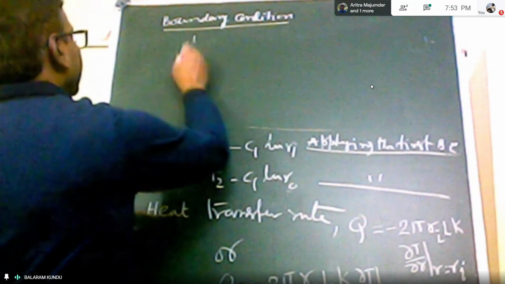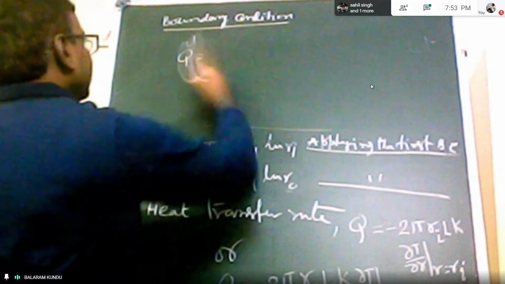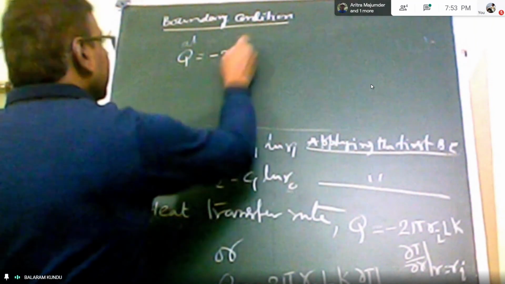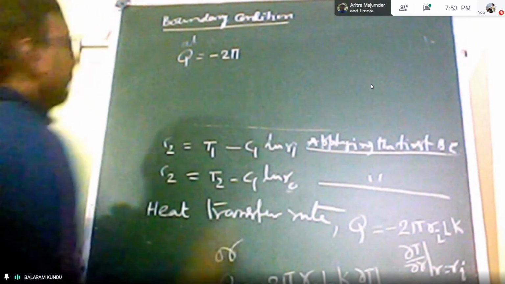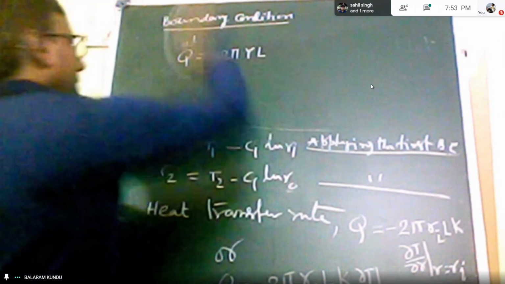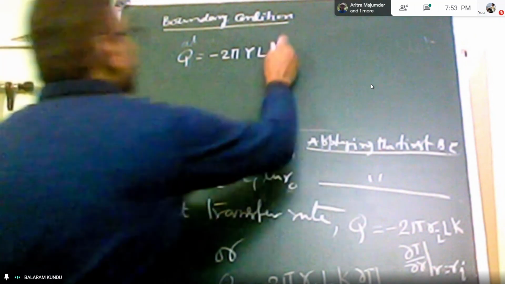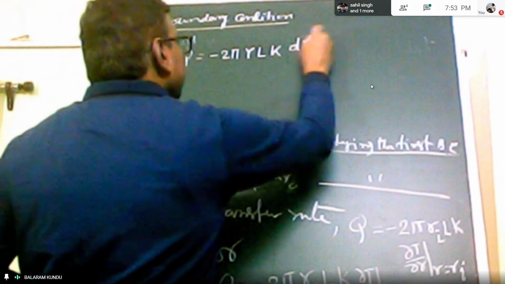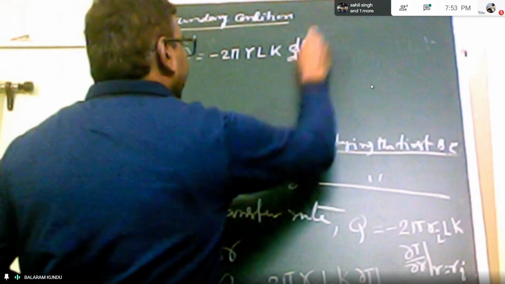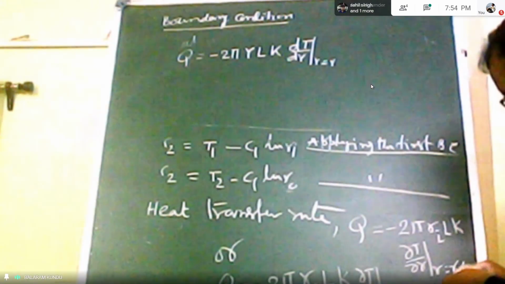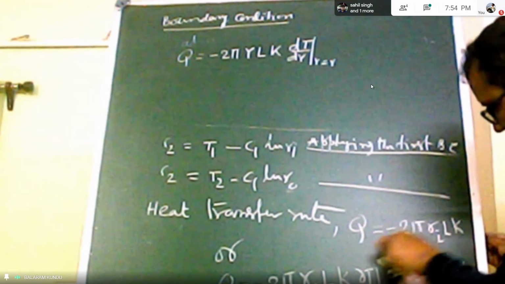So heat transfer rate Q, that should be equal to, at any section, say r equal to r, minus twice pi into r into L, that is your area, into K into temperature gradient, say dT by dr at r equal to r here. Obviously as T is a function of r only, del should be replaced by d.